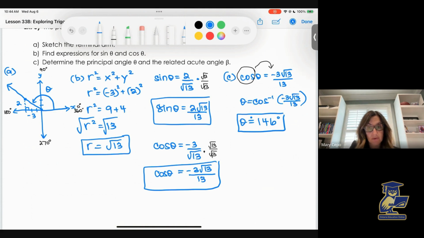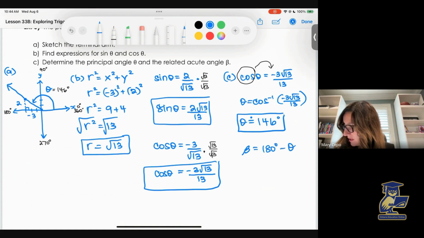So that's the principal angle theta, which is about 146 degrees. Because our principal angle is in the second quadrant, to figure out the beta angle we say beta is equal to 180 minus my principal angle. So beta is 180 degrees minus 146 degrees, which is about 34 degrees.